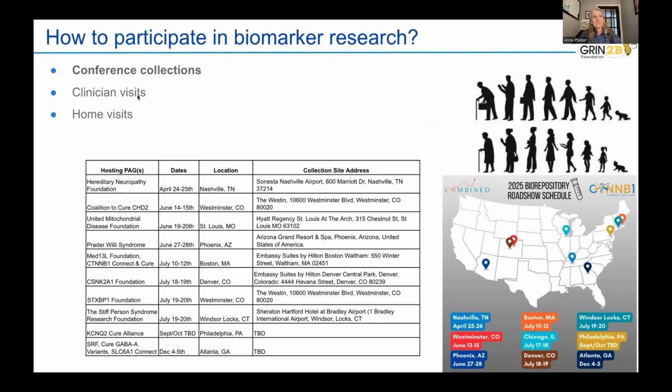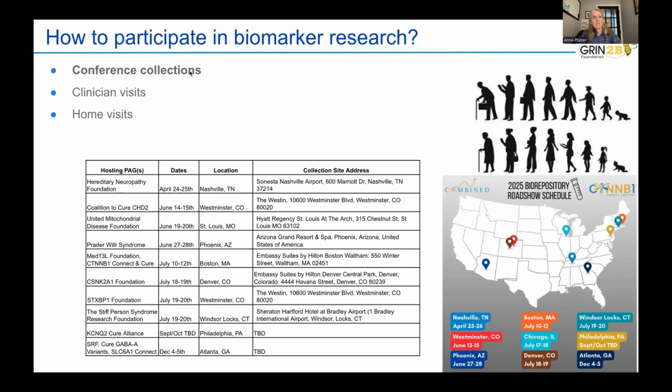The second one is that we collaborate with clinicians. Most of the clinicians that are seeing these rare or kids with rare disorders have been incredibly phenomenal to work with and are almost always willing to help collaborate with us and, for example, the GRIN2B Foundation to help us collect research samples and research data. And then the third way that we're able to collect samples is just from home visits, having people come to the patient or family's homes.